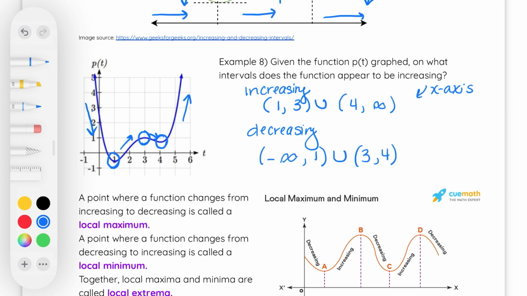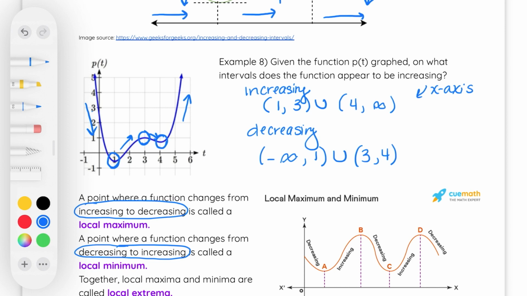A point where the function changes from increasing to decreasing is called a maximum. When we go from decreasing to increasing, we call it a minimum. And when we combine them all together, we call them our local extrema.